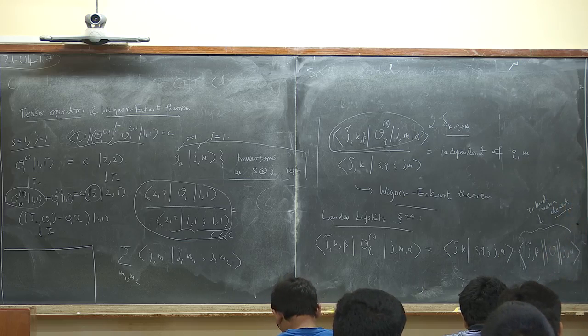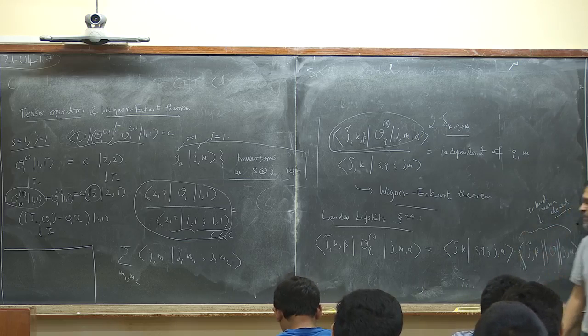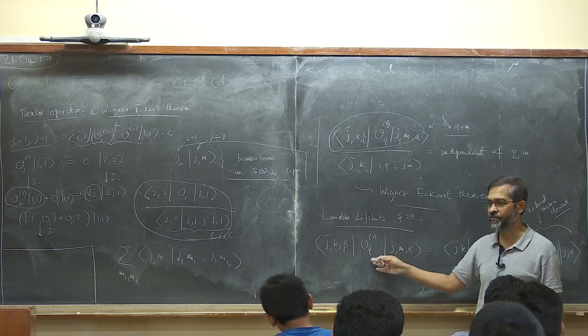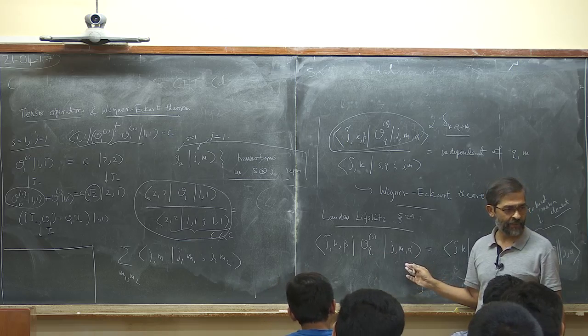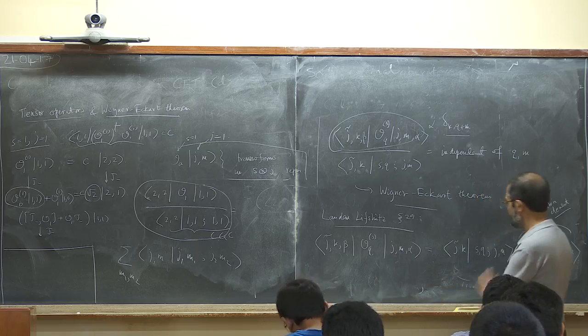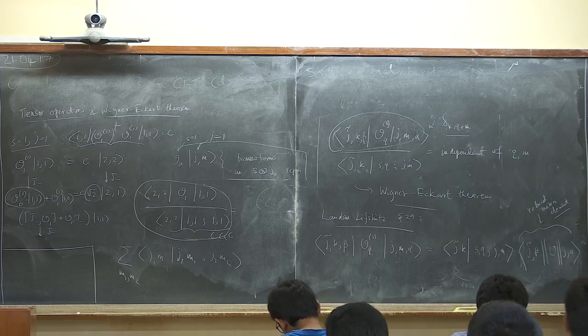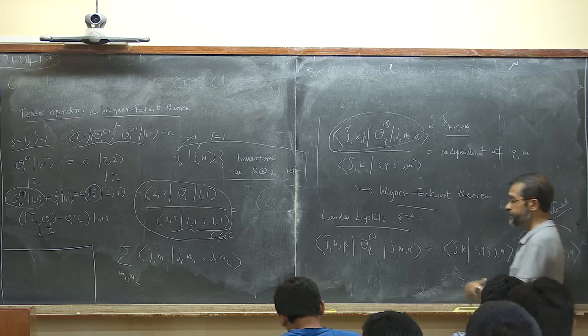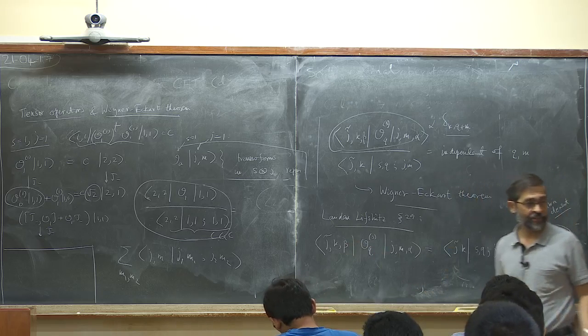What is the import of this? The import is that you can compute this reduced matrix element by taking your favorite example for Q and M, and this part is known. Therefore, you get the reduced matrix element. And once you do that, then of course everybody else you get.